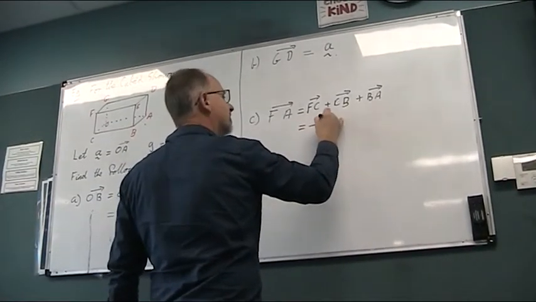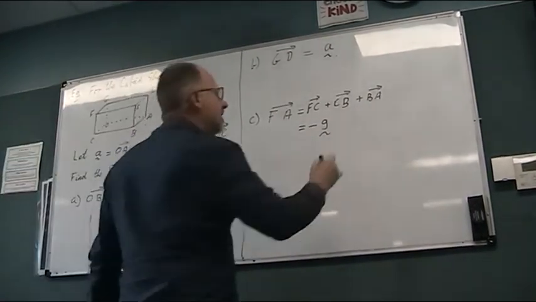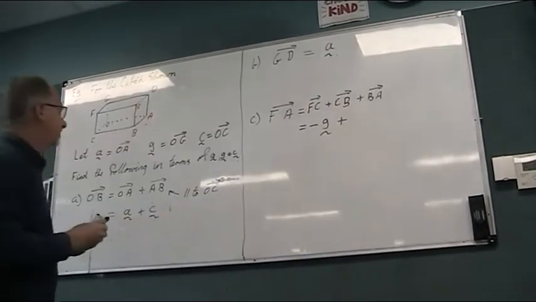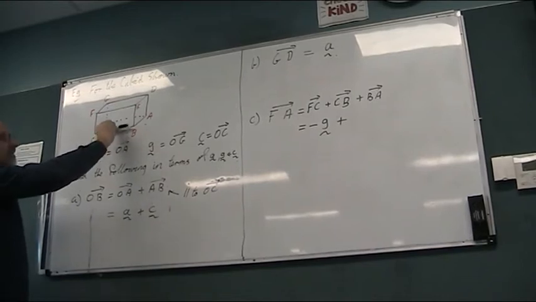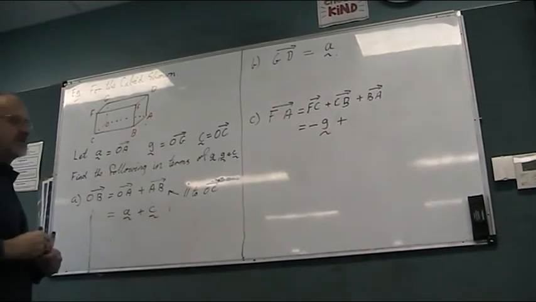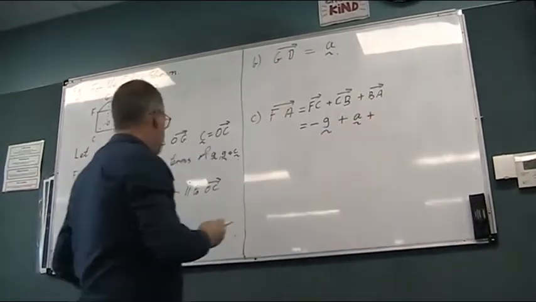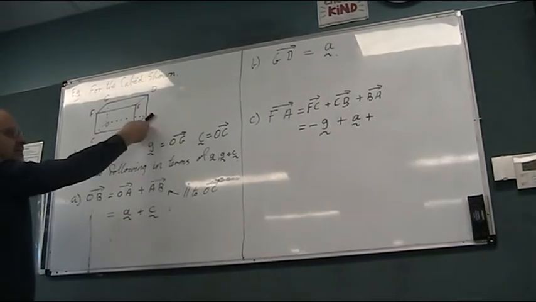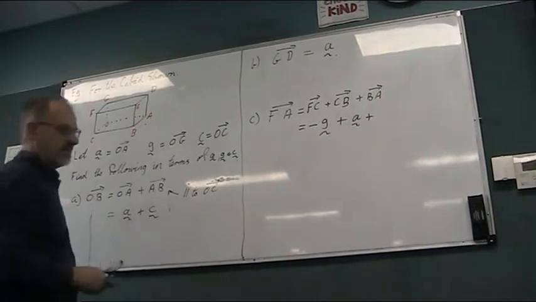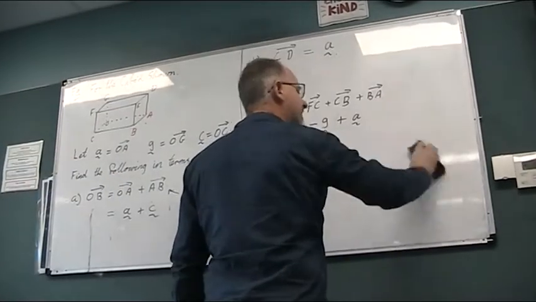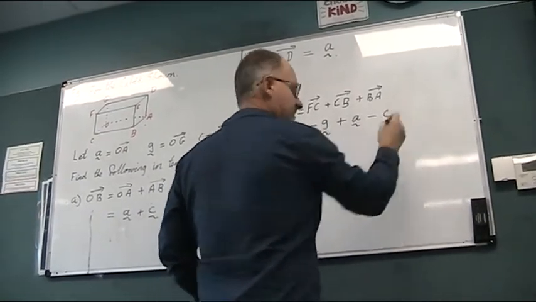And O to G, of course, is G. All right, then we're going from C to B, and that's parallel to OA, which is A, plus A. And then we're going B to A, so we're going this way, which is parallel to OC, but in the opposite direction. So I got ahead of myself when I put a plus there. Opposite direction to C.